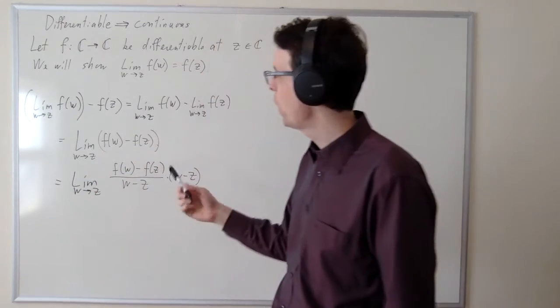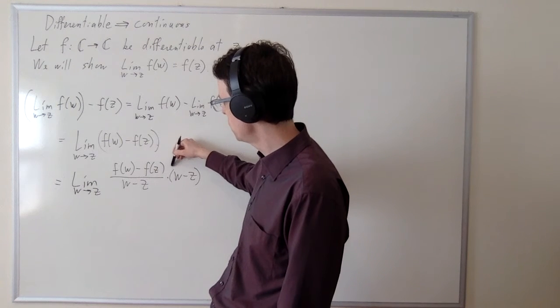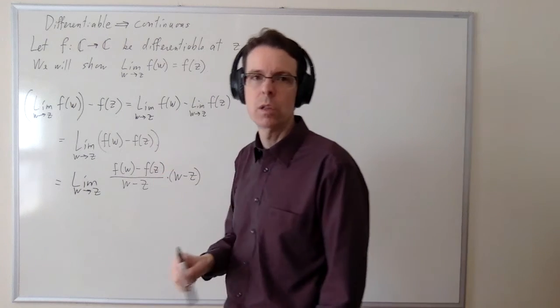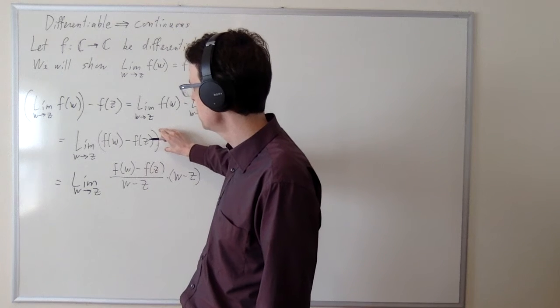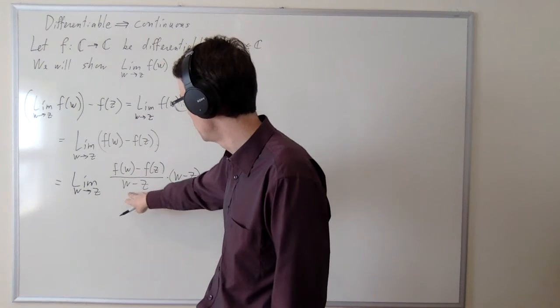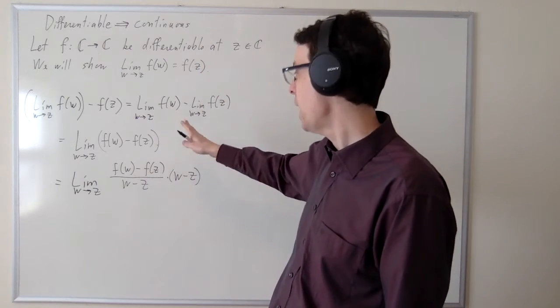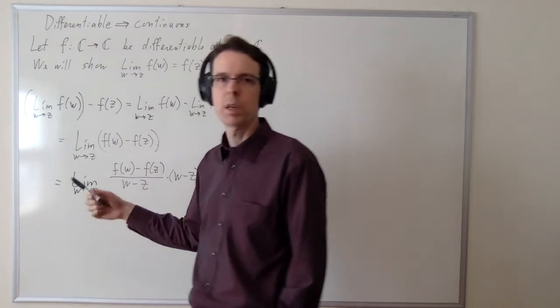And now you're saying, but wait a minute, this function is defined when w equals z, and this function is not defined when w equals z. And so there is a slight difference in the domain of those functions. In particular, this is a function of w that doesn't exist at z, and this is a function of w that does exist at z. And yeah, okay, that's true, but the limit never references the point w equals z.